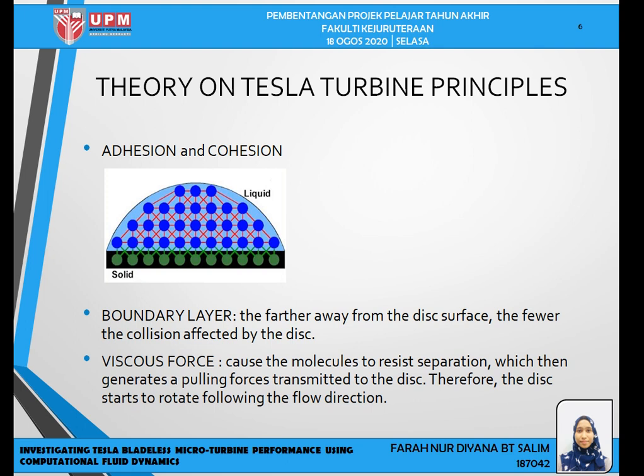This interaction of adhesion and cohesion builds up a thin film, which is called the boundary layer, and then viscous force comes into place, causing the molecules to resist separation, and then generates a pulling force, which then rotates the disc.